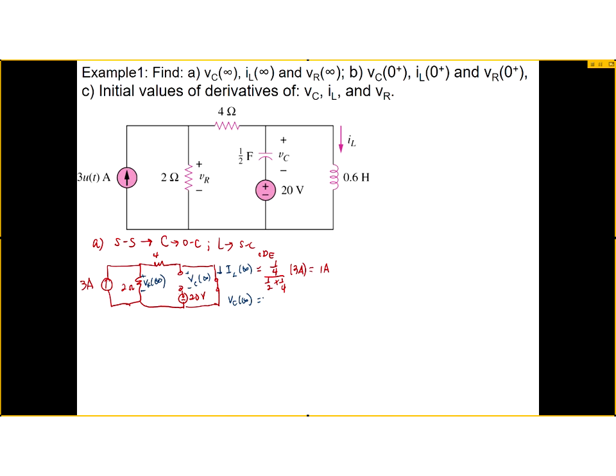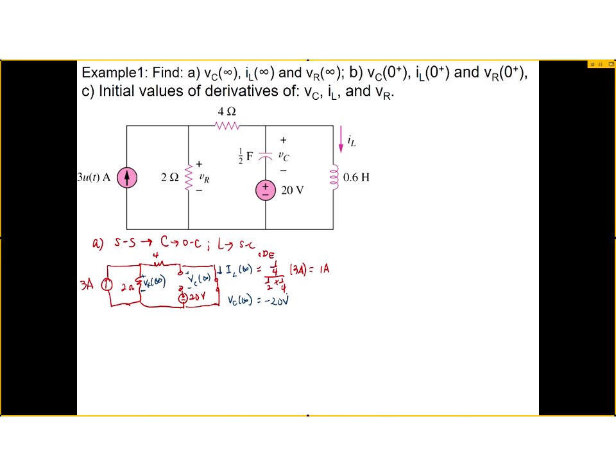The open will be 0, and the 20 will be 0, which means that VC at infinity must be negative 20. Everyone okay with that? So there's 2 ways of doing that. You can do a KVL on the right loop. The KVL will tell me minus 20 minus VC infinity equals 0, because there's nothing on the right. Therefore, VC infinity is negative 20.